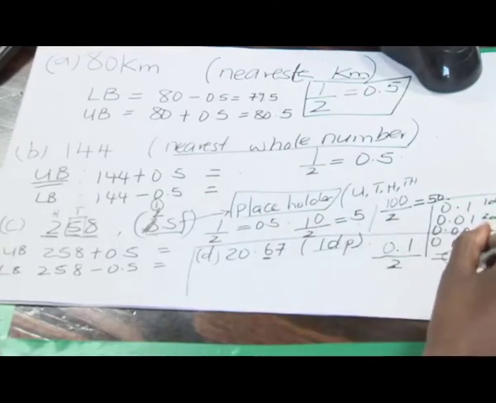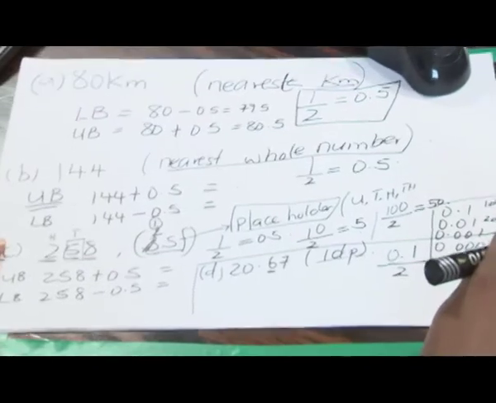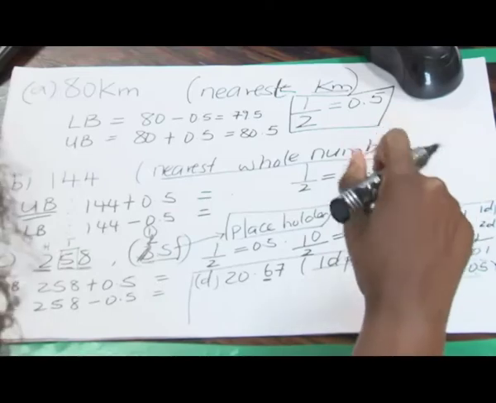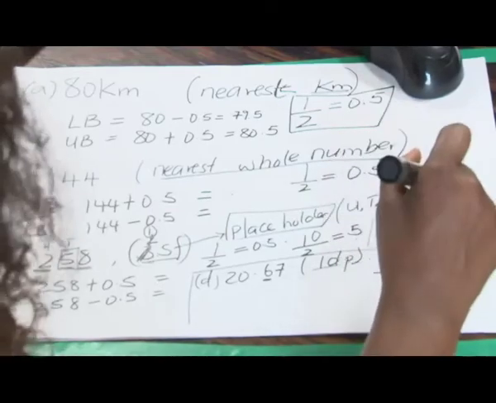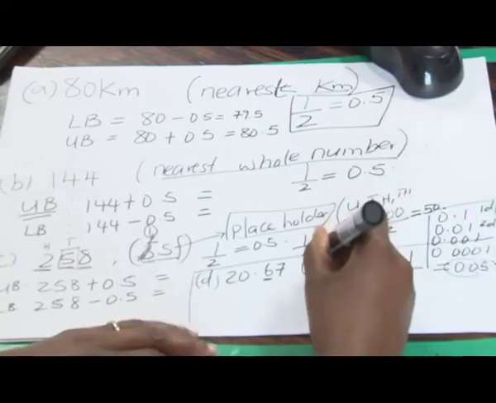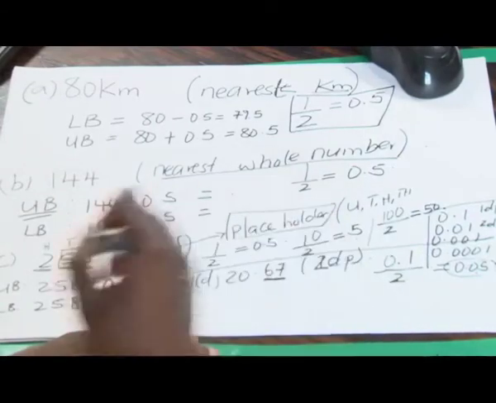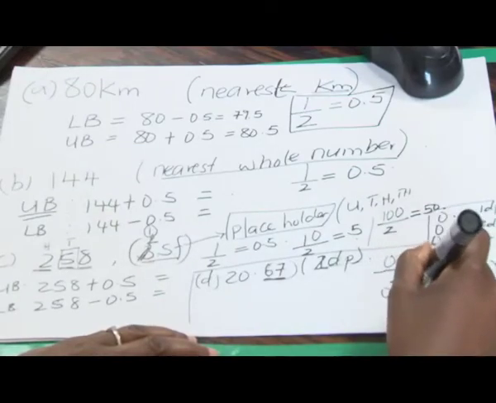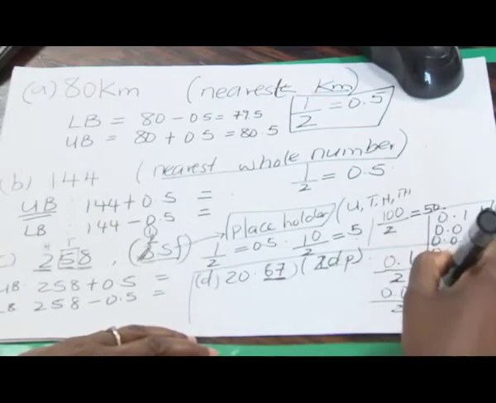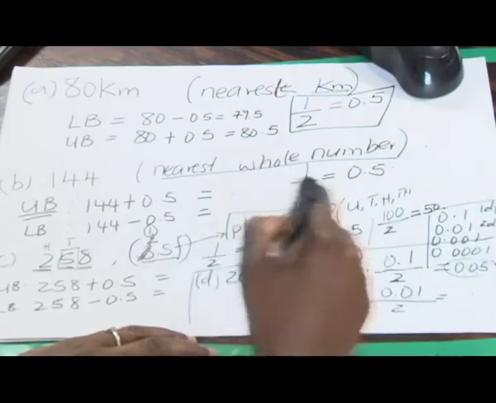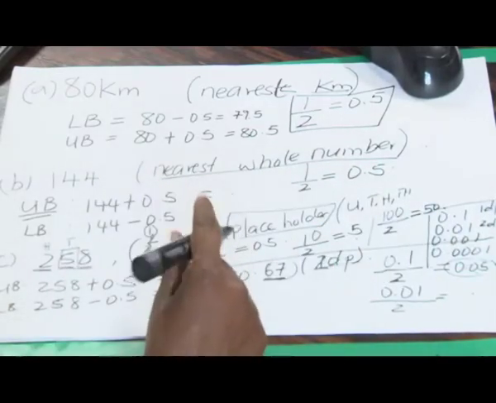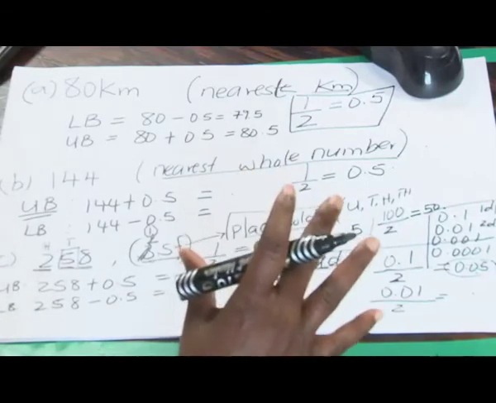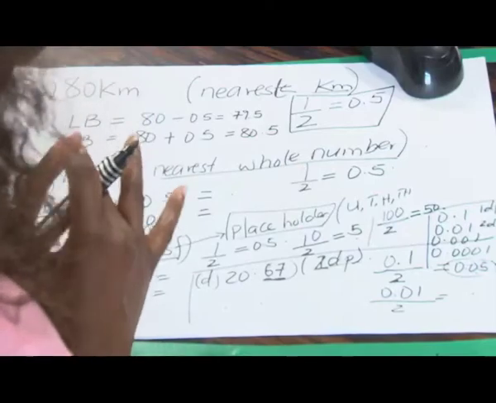This is the number that you have to add or subtract from 20.67 to get the upper and the lower bound. If it was 2 decimal places, like the 7 in this case, we use 0.01 divided by 2. You get your answer, you add it or subtract it to get your upper and your lower bound. Alright, I think when it comes to the limits of accuracy, it's quite clear.